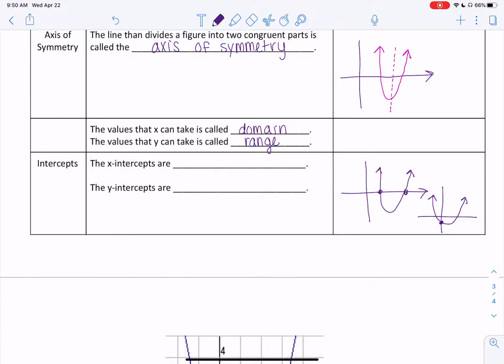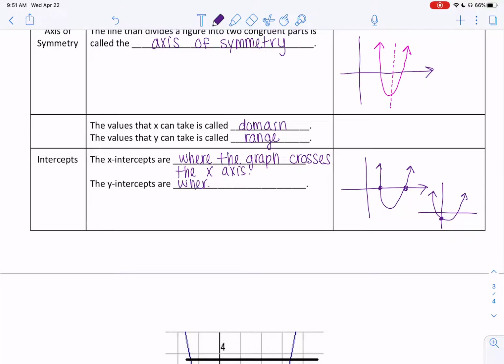We always need to make sure we're looking for those points. So x-intercepts are where the graph crosses the x-axis, and the y-intercepts are where the graph crosses the y-axis.